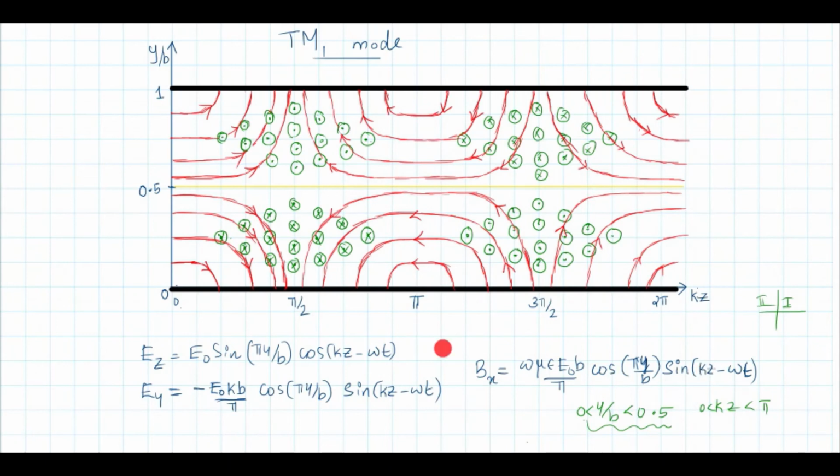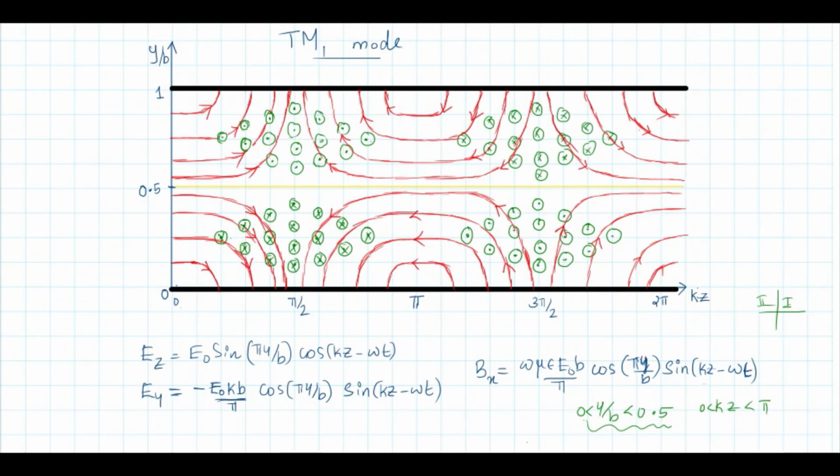Bx is positive means along the positive x direction, that is into the plane of the board. That is why I put an into sign. Also, the value is maximum at kz equal to pi by 2. When kz is equal to pi by 2, the sine becomes maximum. So that value is maximum at pi by 2 and reduces to 0 at pi.